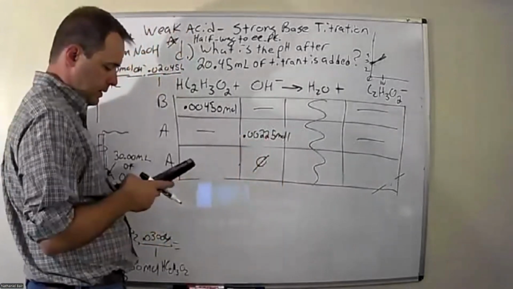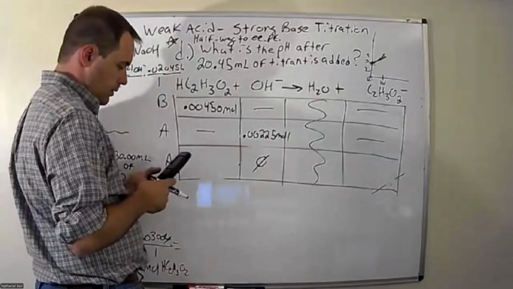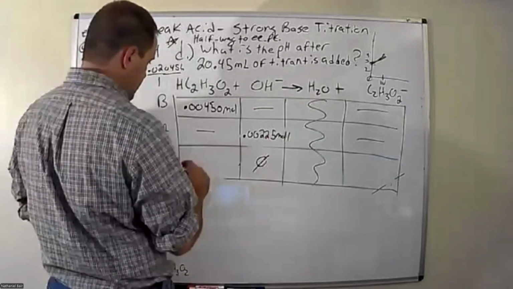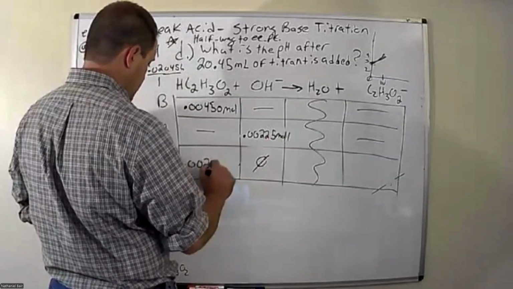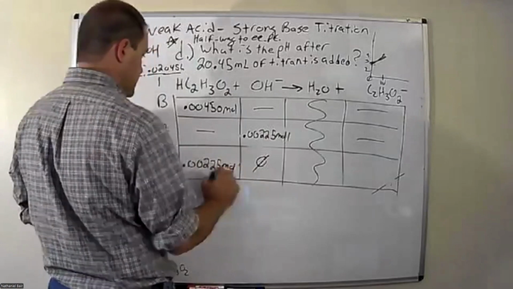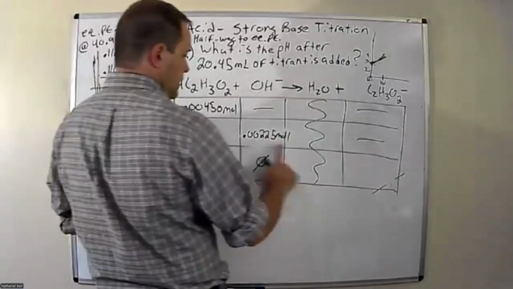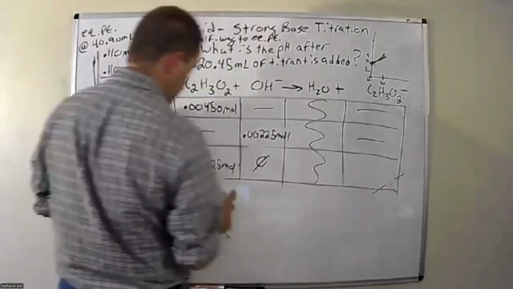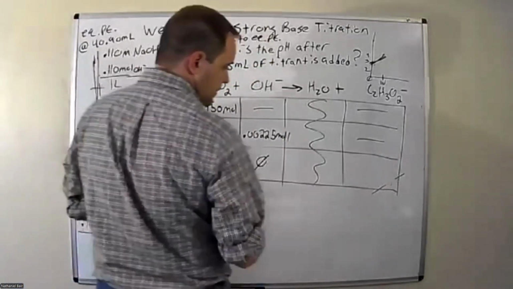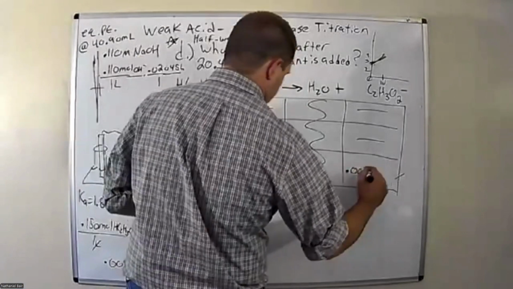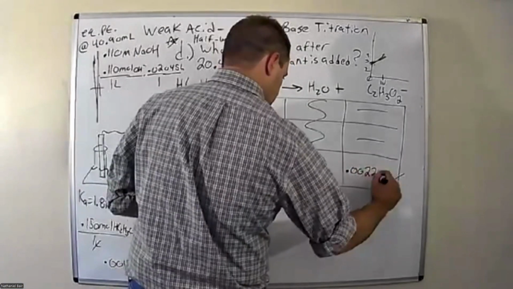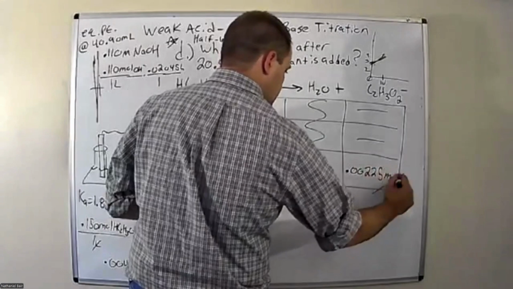We're going to subtract, and here's where it gets interesting. We get the same value, 0.00225 moles, the same amount of acetate, and the same amount of acetic acid that's left is equal to the same amount of its conjugate base that I've created.